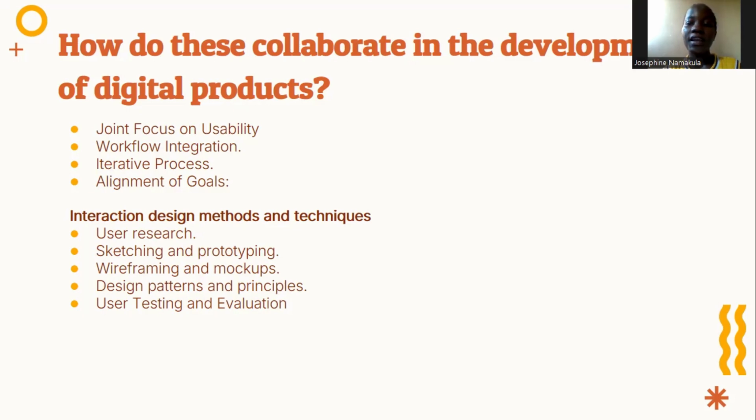We have user testing and evaluation. After designing the product, it is taken to users to get feedback from them. It mainly focuses on assessing and enhancing the quality and the performance of the design.